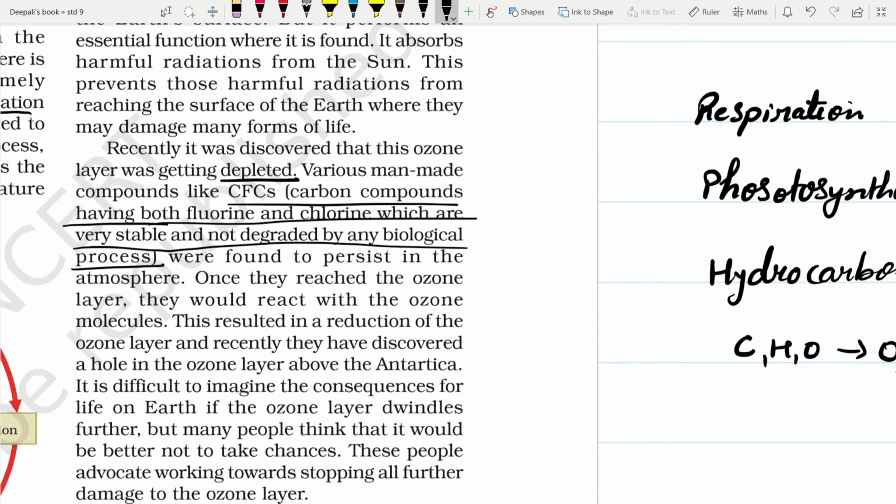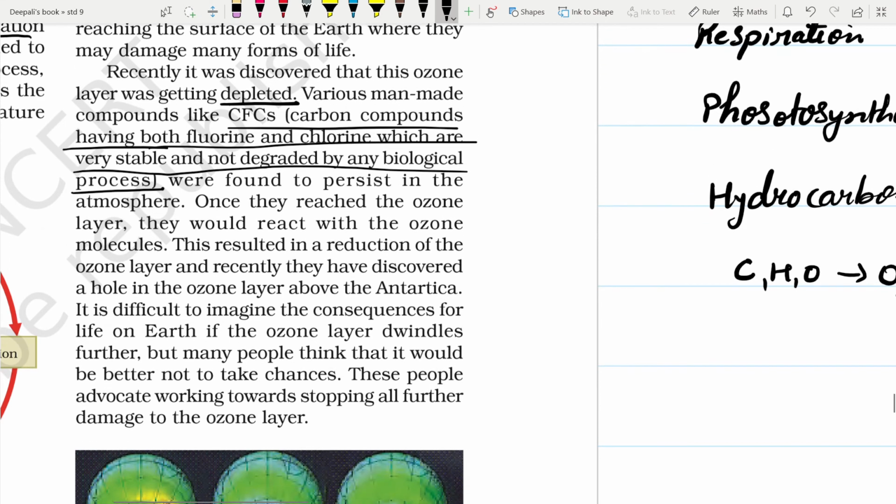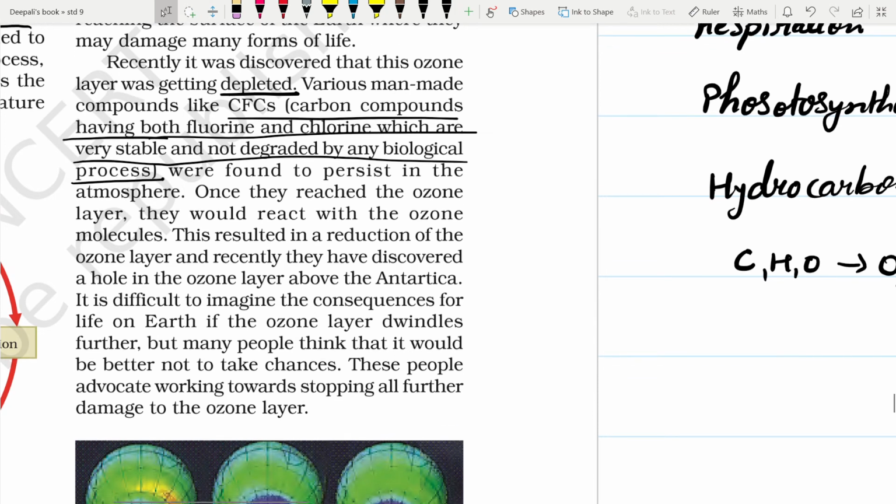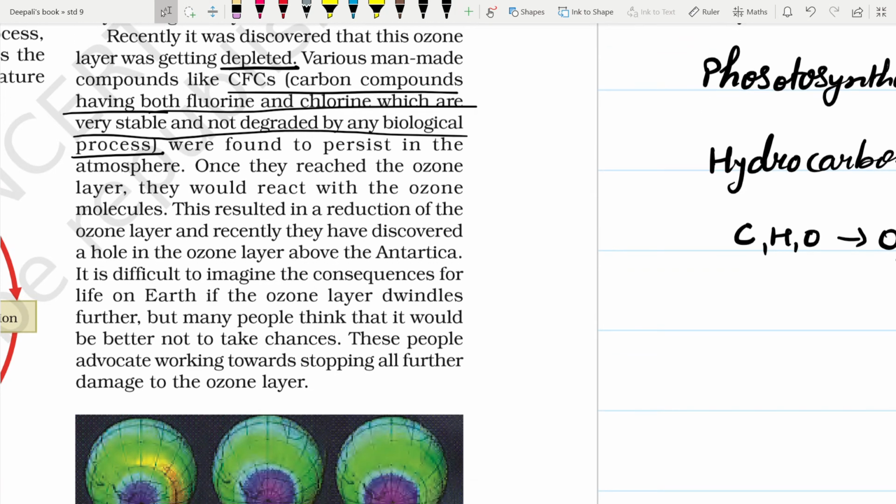Hence, once they reach the ozone layer, they react with the ozone molecule. This results in the reduction of the ozone layer, and recently a hole in the ozone layer was discovered above the Antarctic.